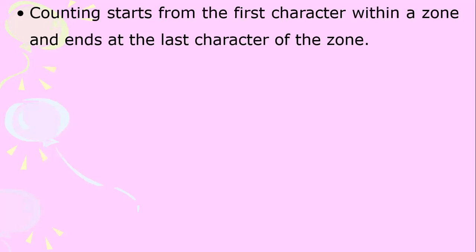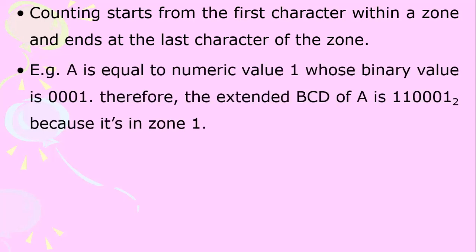Counting starts from the first character within a zone and ends at the last character of the zone. For example, A is equal to numeric value 1, whose binary value is 0, 0, 0, 1. Therefore, the extended BCD of A will be 1, 1, 0, 0, 0, 1 to base 2, because it's in zone 1.